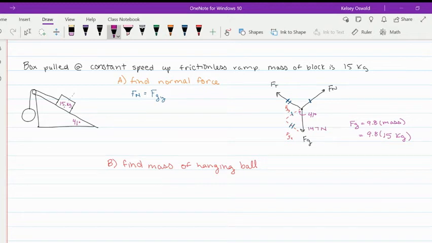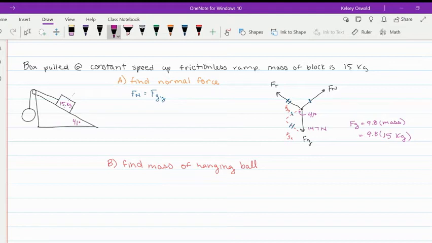We put that on our force of gravity vector in our free body diagram, or on the hypotenuse of that triangle. Remember, the hypotenuse always tells you your actual overall value.